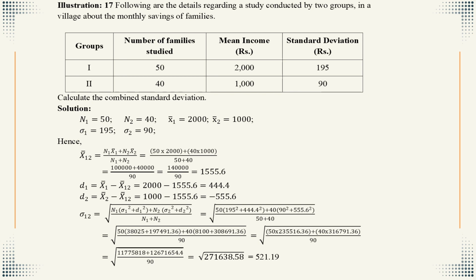Then for the calculation of the combined standard deviation, x bar 1,2 is calculated as n1 x bar 1 plus n2 x bar 2 by n1 plus n2.